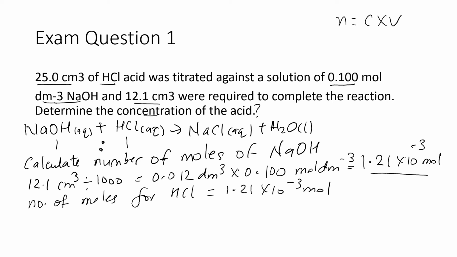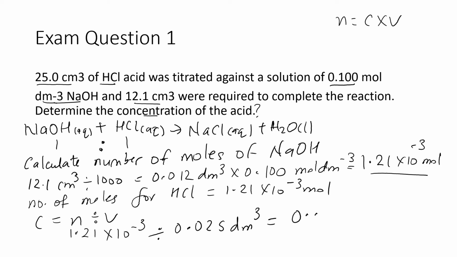And if I was to calculate the concentration, then I'm going to rearrange the formula, and to get the calculation, I'm just going to do 1.21 times 10 to the minus 3 moles divided by, we were told, 25.0 cm cube. Change that into dm cube, becomes 0.025 dm cube, and then the answer is 0.0484 moles per dm cube. So that's how you would do it traditionally.